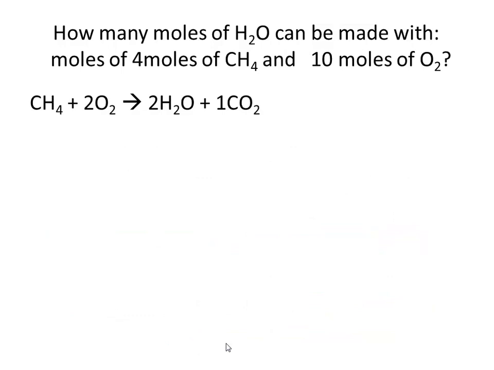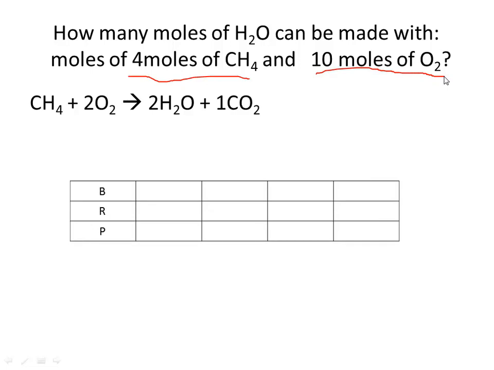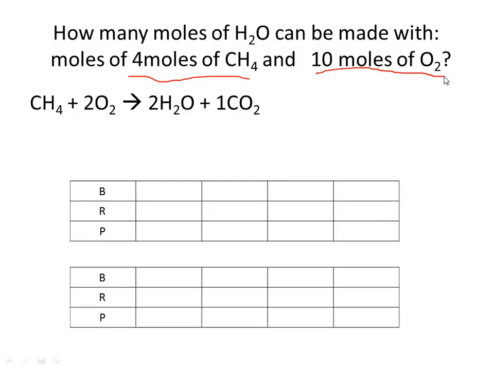You guys need to do this one recording. The key thing here is we have 2 different amounts of reactants. We have 4 moles of CH4 and 10 moles of O2. So we have to set up 2 BRPs, 1 for each reactant, like we said before.